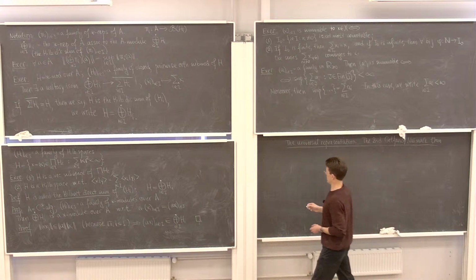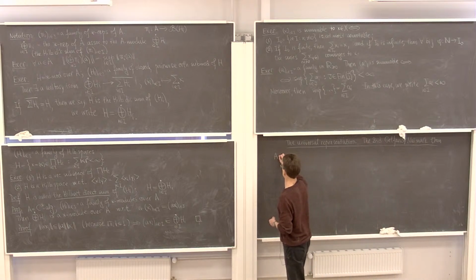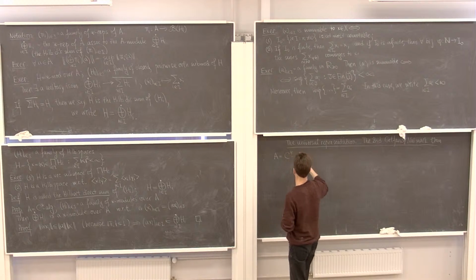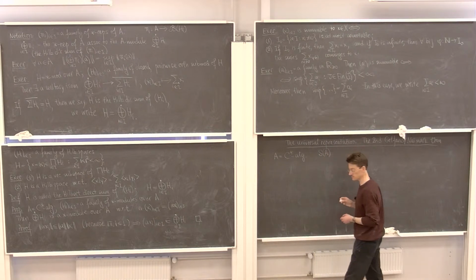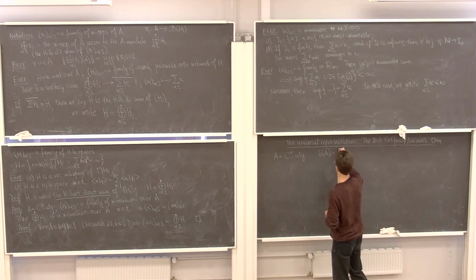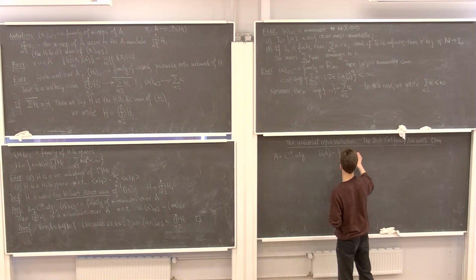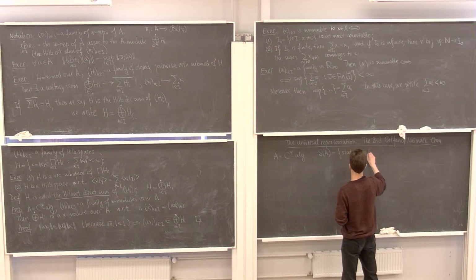So again, we have a C-star algebra A. A is a C-star algebra. And let S(A) denote the set of all states on A. That is the set of all positive functionals of norm 1.